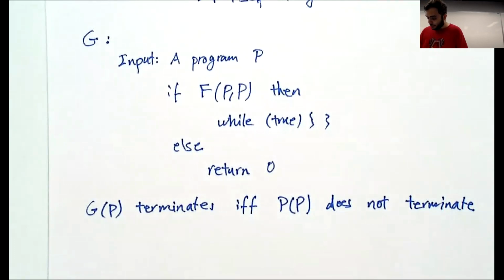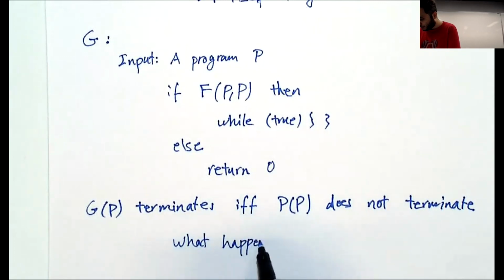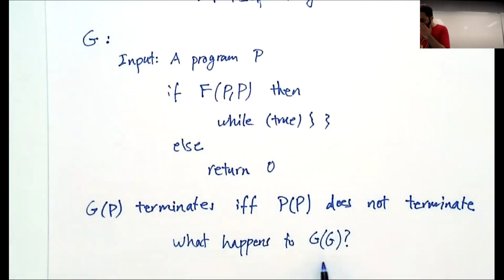Then the contradiction is what happens to G of G. Does G of G terminate if I give G as an input to itself?